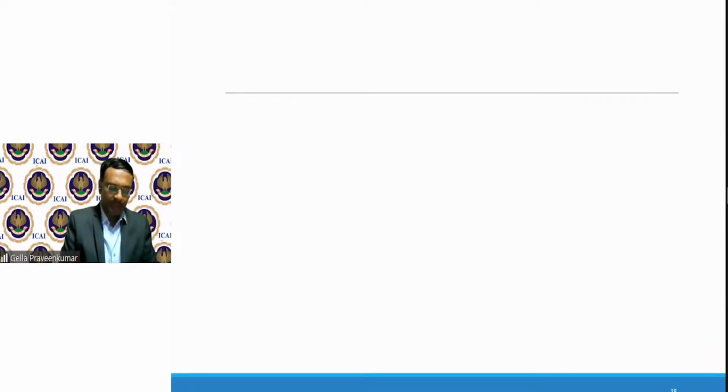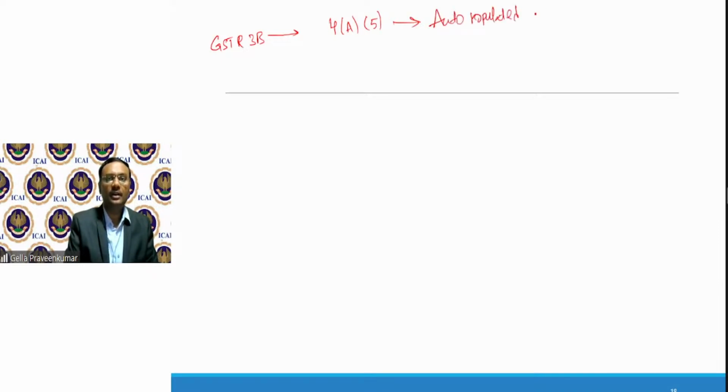Now, GSTR-3B. All of you have understood table number 4A5. 4A5 is auto-populated on the basis of GSTR-1 or GSTR-4, based on NRTP or CTP, based on GSTR-1 furnished.